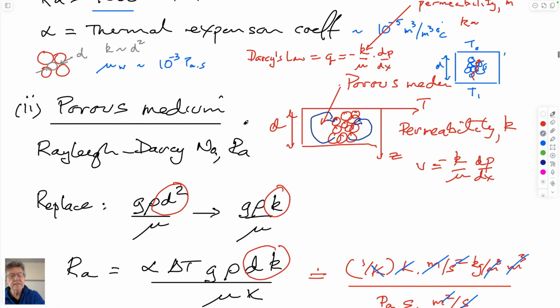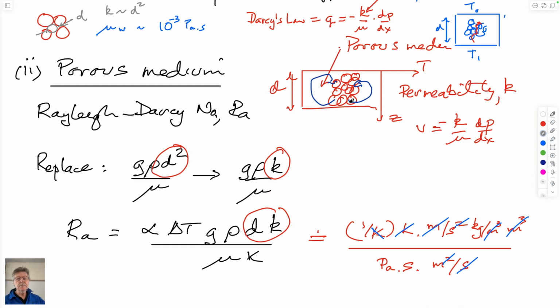In this particular case, the viscosity of the system is manifest by the fact that the fluid is trying to flow up through here and it's rubbing against the static porous medium which it's going against.